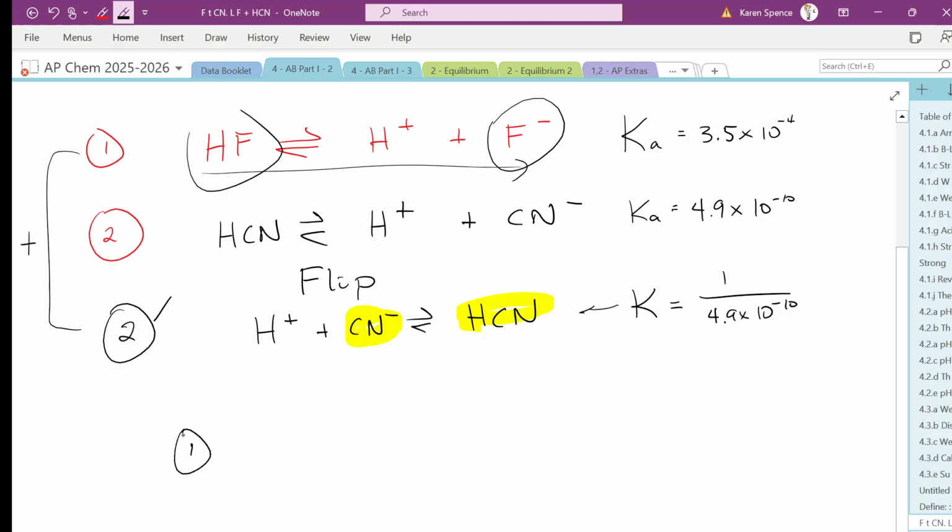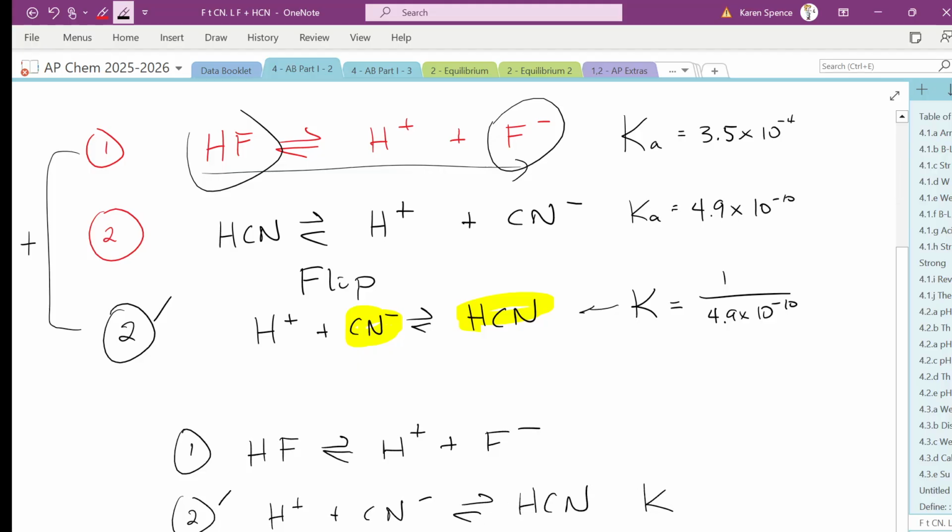Reaction 1, HF in equilibrium with H plus F minus, and reaction 2 prime, H plus CN minus in equilibrium with HCN, and its K value is the reverse of the Ka, which is 1 divided by 4.9 e negative 10.